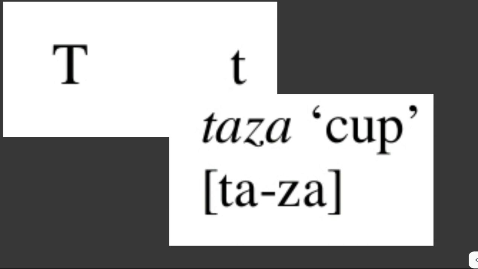And then we have letter U. This is pronounced as U, as in English, put, book, push. Say for example, we pronounce this word here as único, which means single in English.